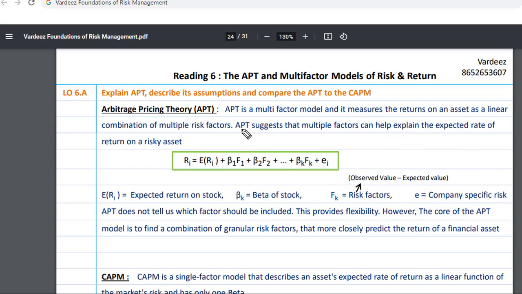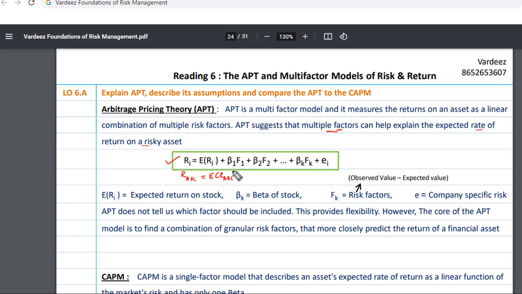So what APT suggests is that multiple factors can help explain the expected rate of return on a risky asset. Now look at the formula. The return on the asset i, the return on any asset, let's say ABC, is equal to the expected return on i, the expected return on ABC.